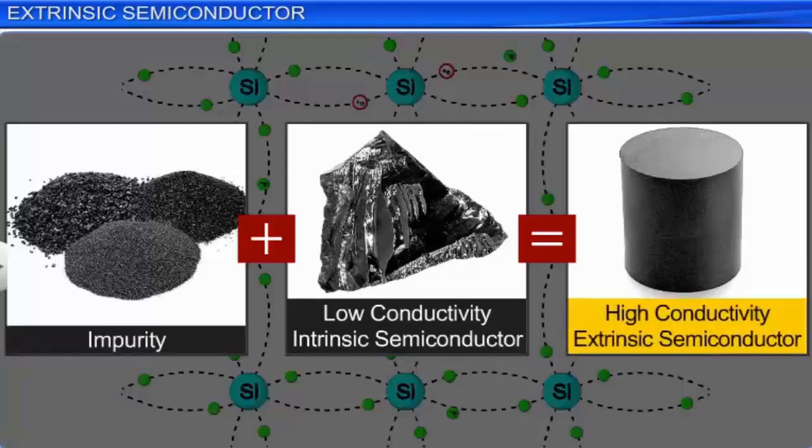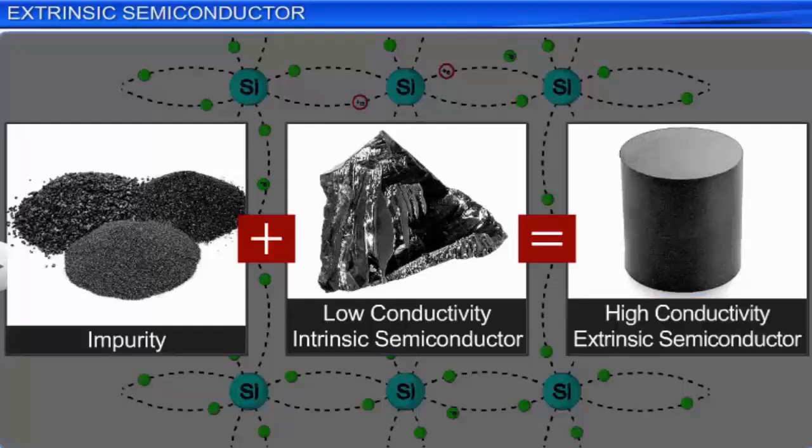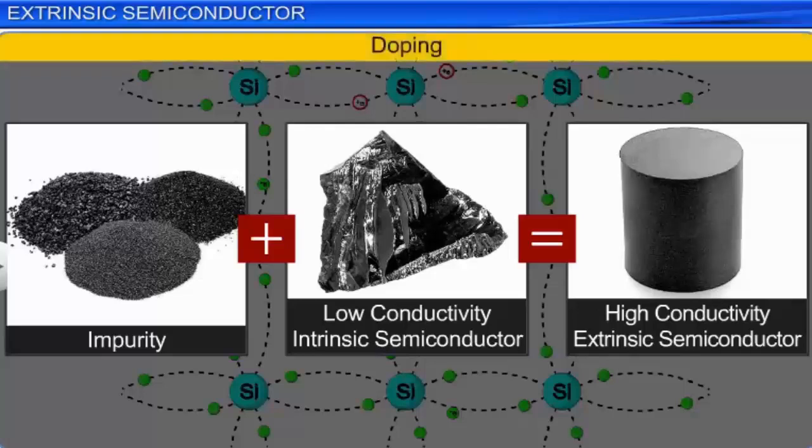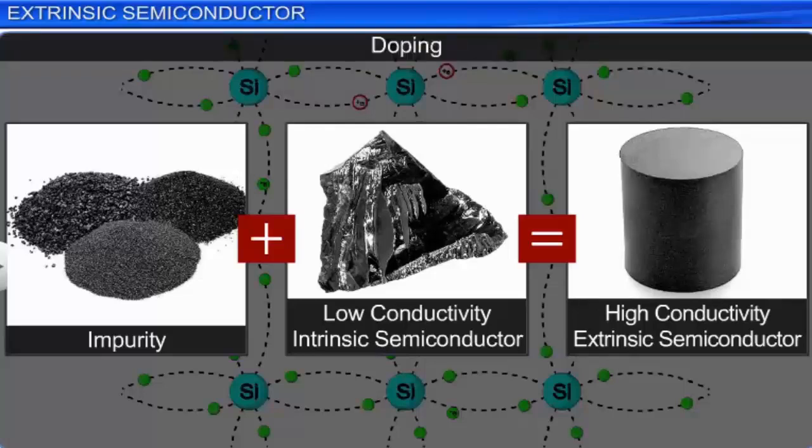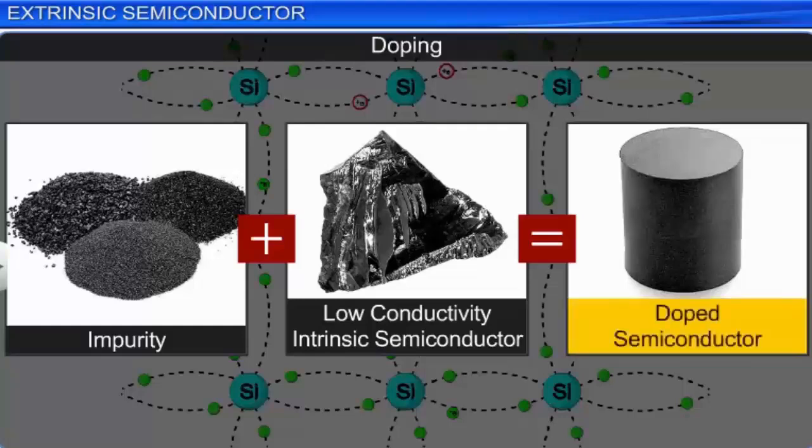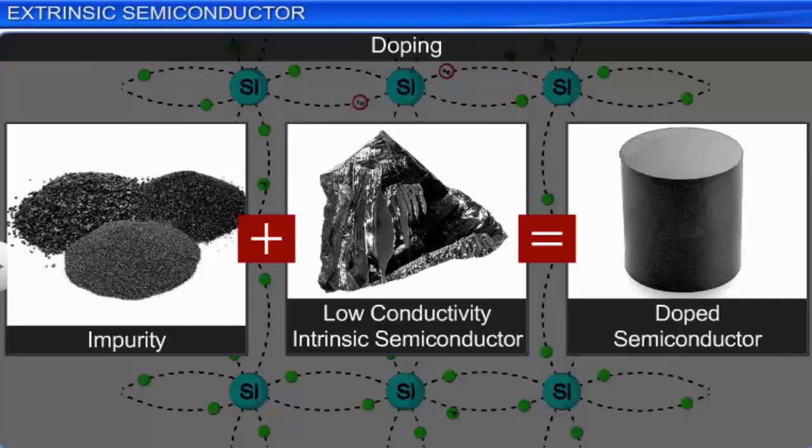The process of adding the suitable impurity to a semiconductor is called doping. Thus, an extrinsic semiconductor is also called a doped semiconductor. The impurity atom added to a semiconductor to increase its electrical conductivity is called a dopant.